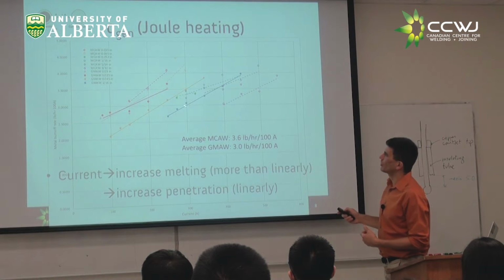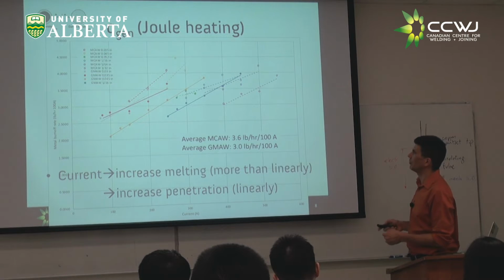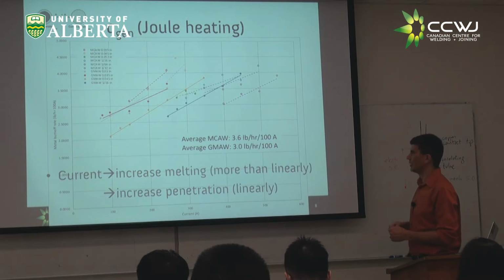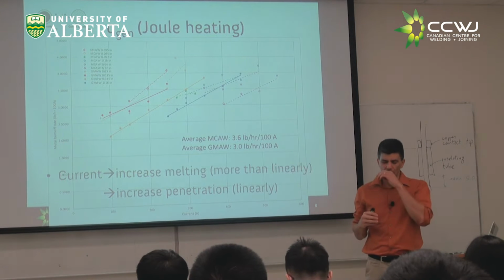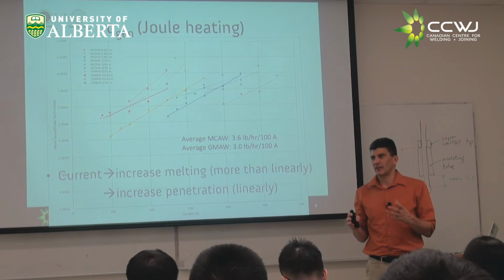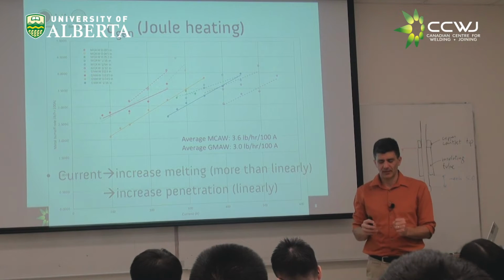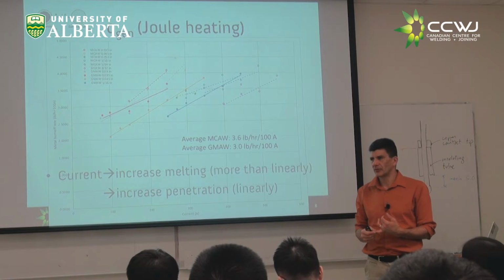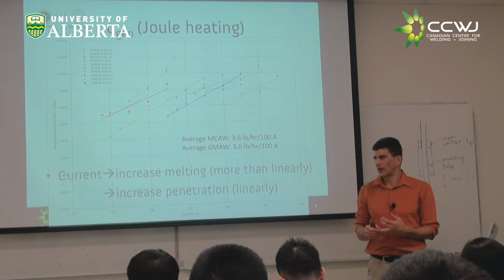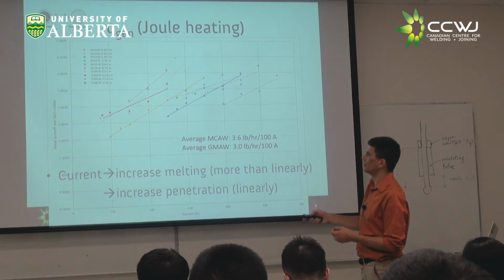So we're going to come back to this concept of the burn off and the pounds per hour per 100 amps. My point here is when we do an energy balance, and the energy balance has different sources of heat, joule heating has a significant effect. The stick out matters, the wire diameter matters, or the cross section here matters.